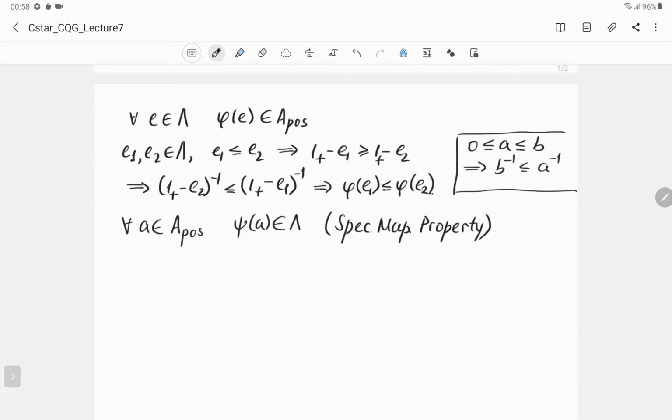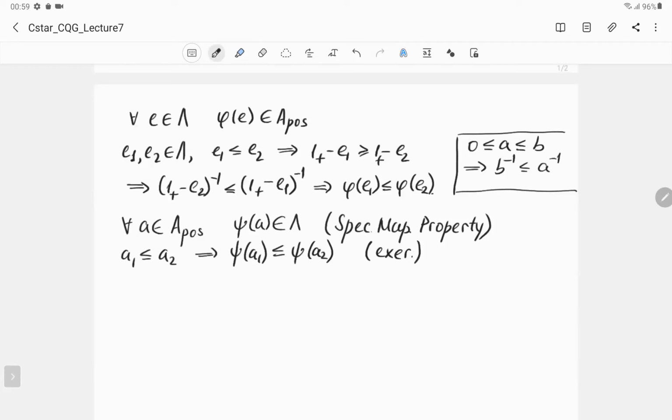Okay, now essentially the same argument as above shows that psi is order preserving. If A1 is less than or equal to A2, then psi of A1 is less than or equal to psi of A2. This is a simple exercise.